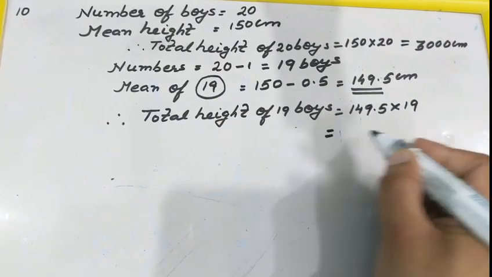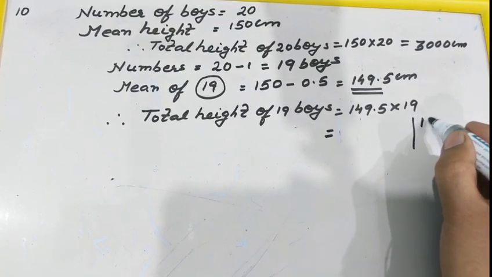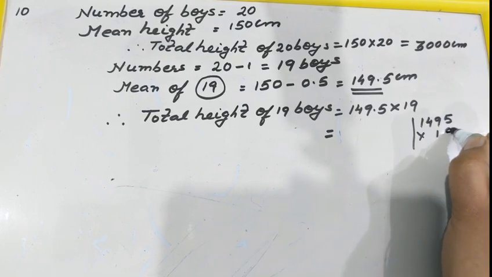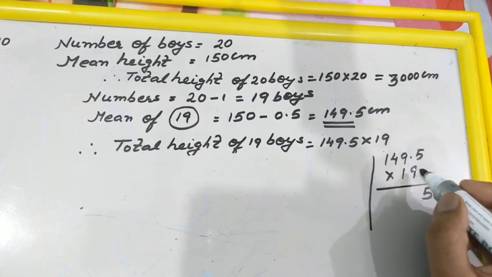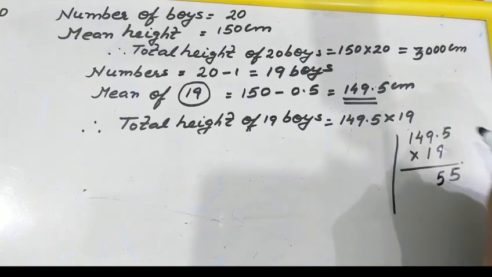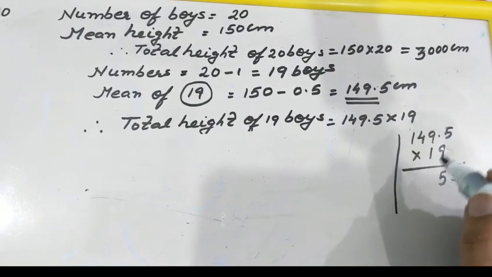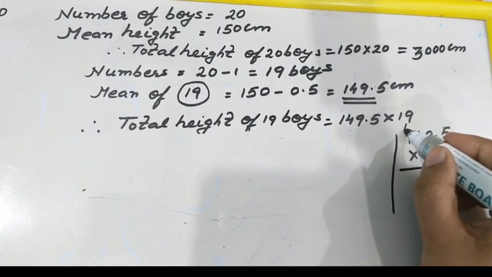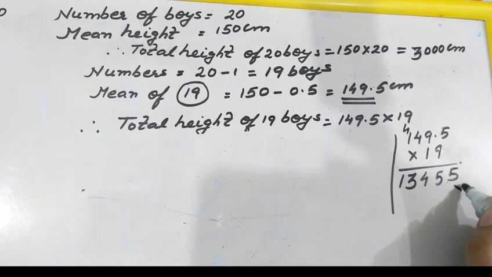So equals to, let's try to make a rough column and find the product. 1495 into 19. 9 5s are 45, 4 carry over, 9 9s are 81 plus 4 is 85, 8 carry over, 9 4s are 36 plus 8 is 44, 4 down, 4 carry over, 9 1s are 9 and 4 is 13. Put a cross.